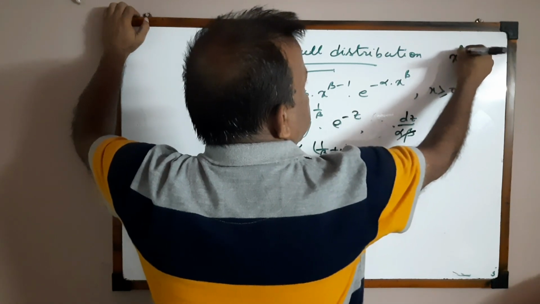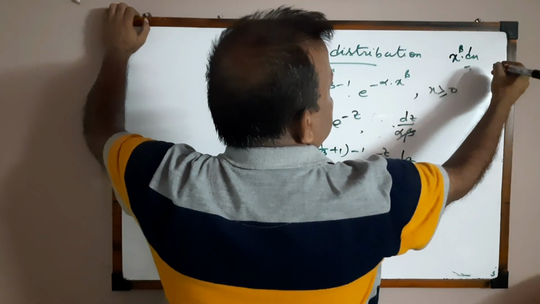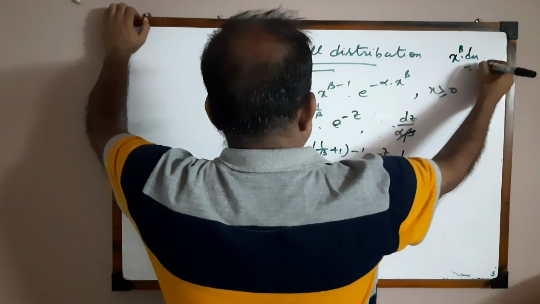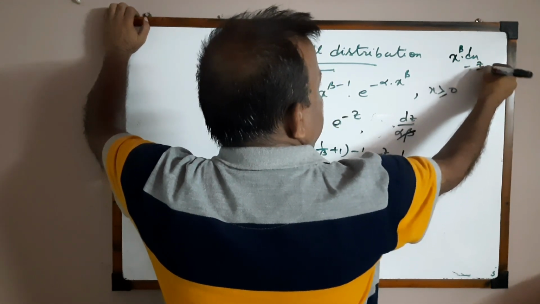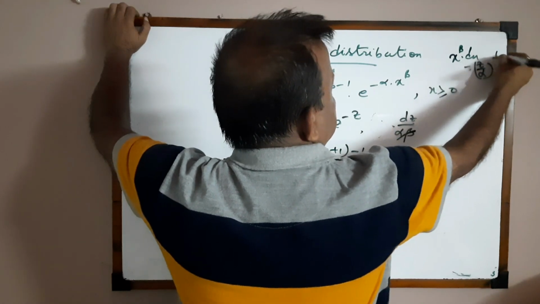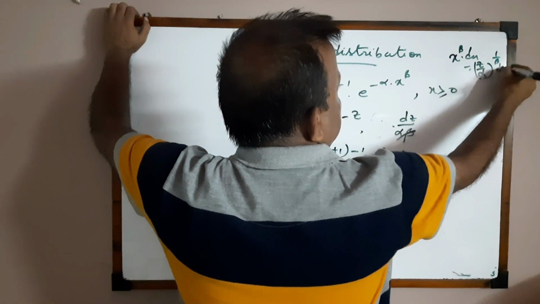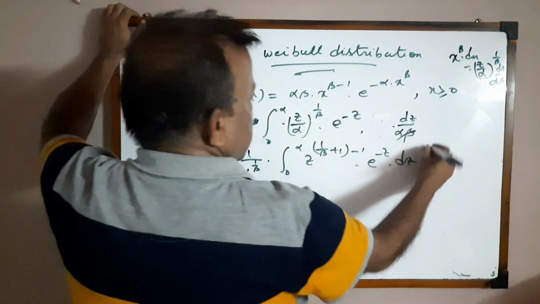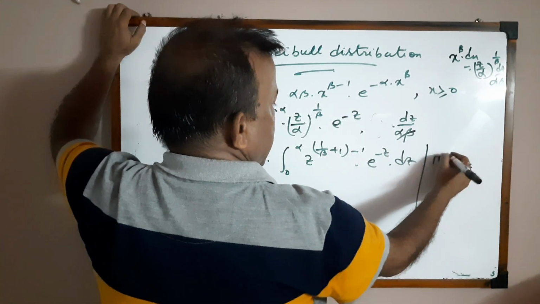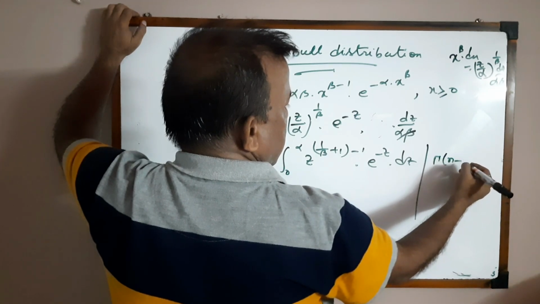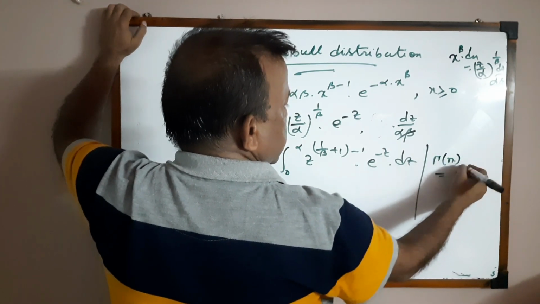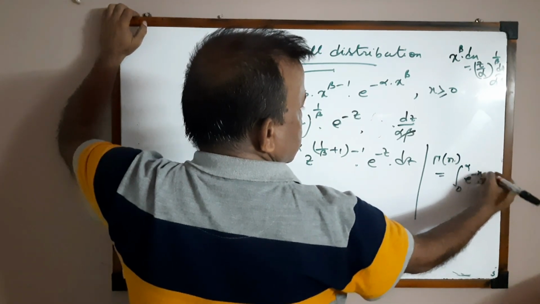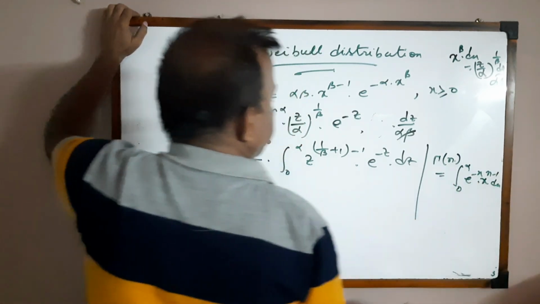From the gamma function we know that gamma n is equal to integration 0 to infinity e to the power minus x x to the power n minus 1 dx.